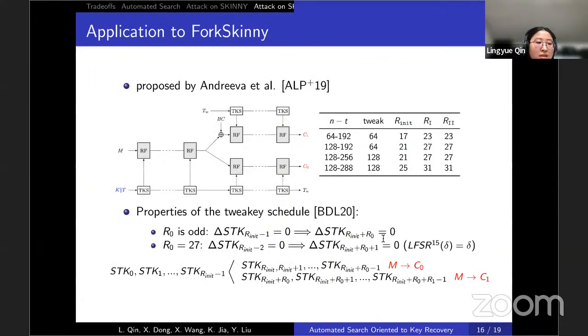The new model is also applied to ForkSkinny, which is designed under the ForkAE framework. The primitive is based on Skinny, so previous analysis of Skinny can be directly applied to ForkSkinny. But as pointed out by Barrett et al., encryption from M to C1 uses a slightly different tweakey schedule, leading to better analysis. For example, in some cases, there can be 6 consecutive inactive round tweakeys.